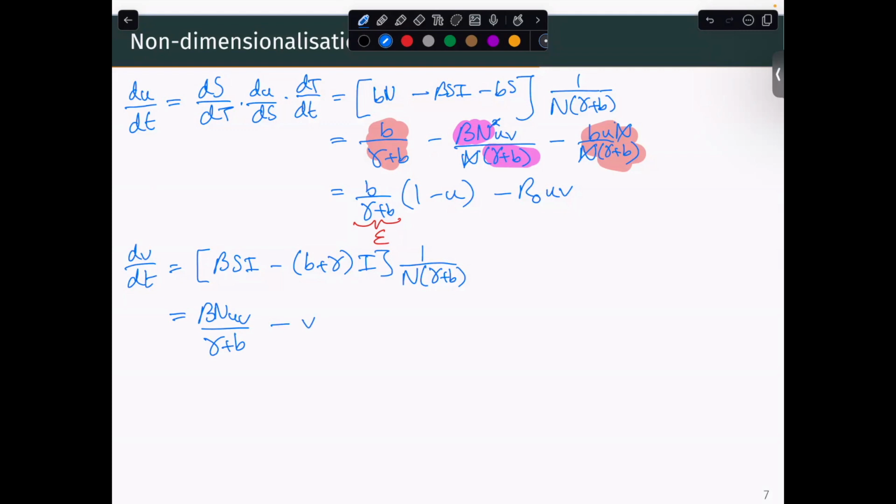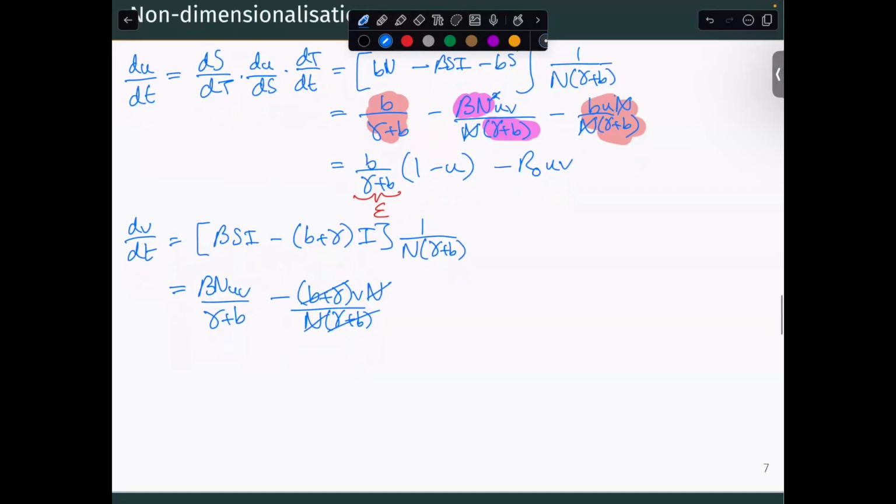So note here, this second term here, we would have had minus b plus gamma times v n. We'd be dividing this by n times gamma plus b. So these terms cancel, and that's why we just end up with a minus v there. So both of these terms here have a v in them, so we can take out a common factor of v. And again, this beta n over gamma plus b is R0. So we're going to have R0 times u minus 1, and all of that multiplied by v.